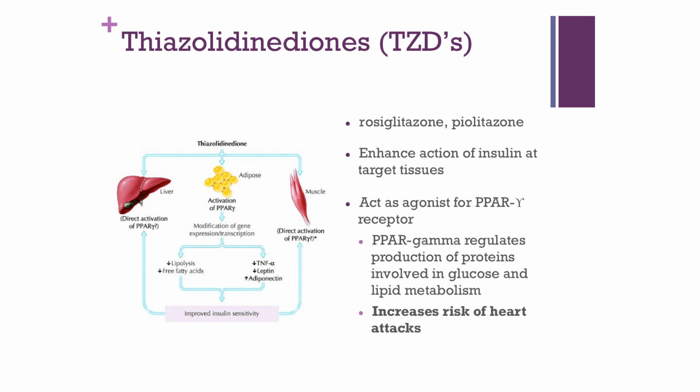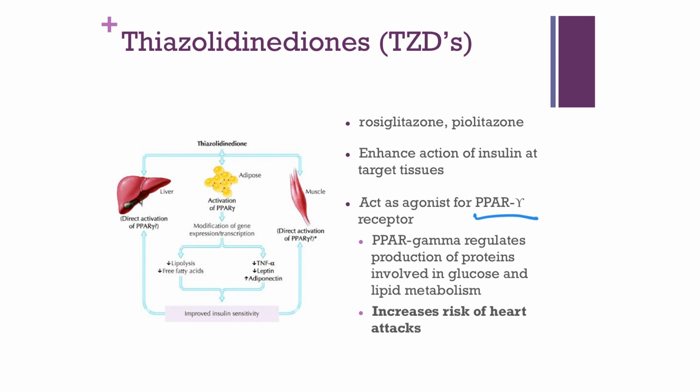They agonize a receptor type called the PPAR gamma receptor. And that receptor, when agonized, produces proteins involved in glucose and lipid metabolism. They alter the permeability of that cell to glucose. They encourage uptake. And when we have glucose in cells, it's not in the bloodstream. So that means it lowers blood sugar.